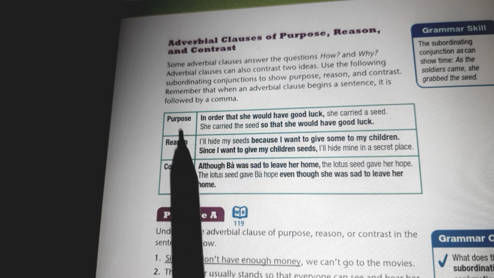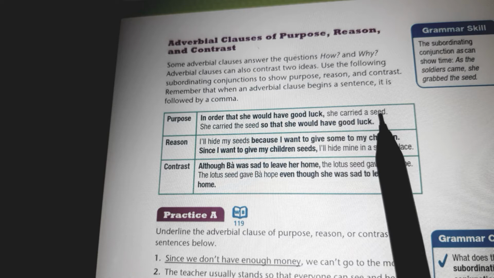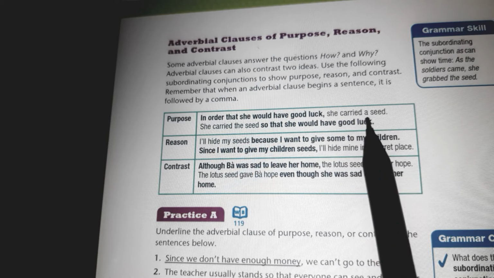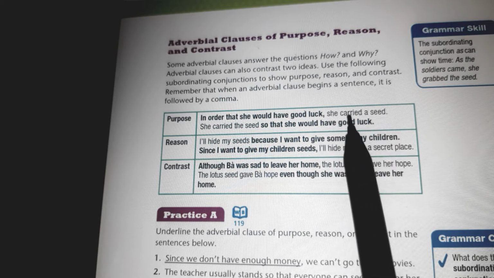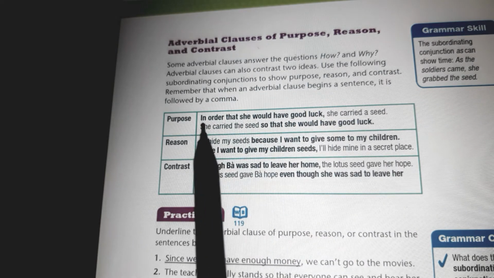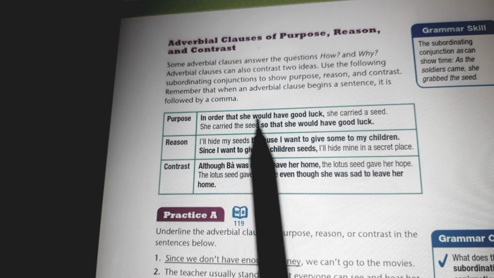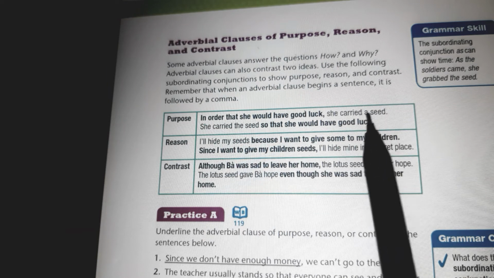Now, what I mean by goal is this. She carried a good seed. Why? Why did she carry a good seed? Okay, so she carried a good seed because, or the reason here is, in order that she would have good luck. So this is the purpose of carrying a seed.